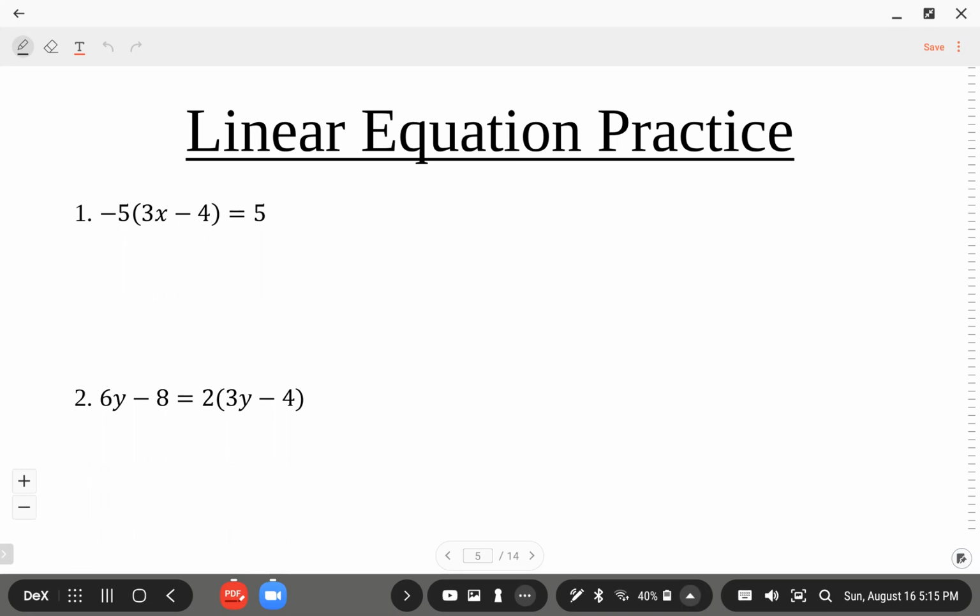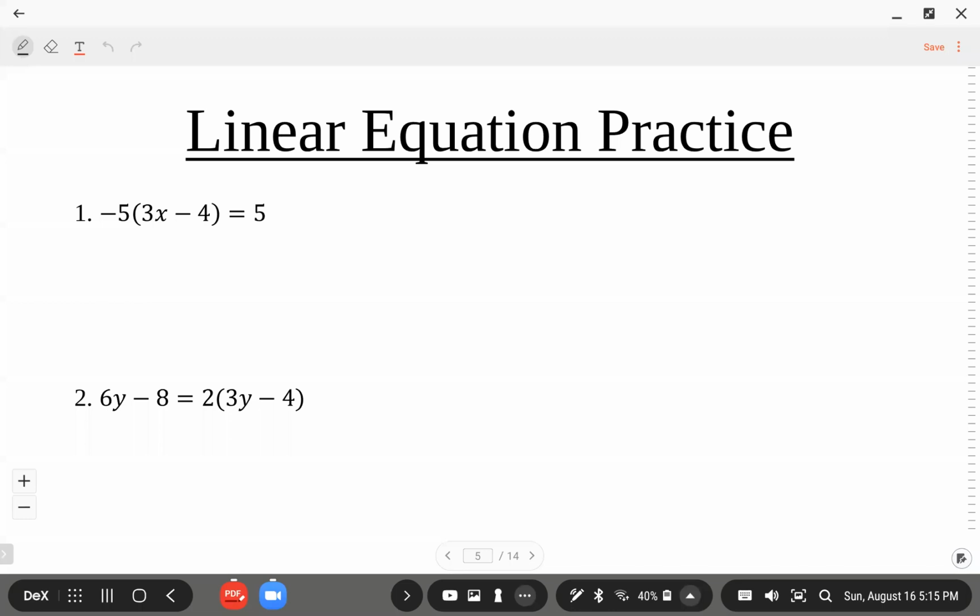So please try and solve this linear equation on your own. And this linear equation is making use of the distributive property, which I'm sure all of you have learned in 4th grade or 5th grade, okay? So please solve this linear equation and put your answer in the chat box.